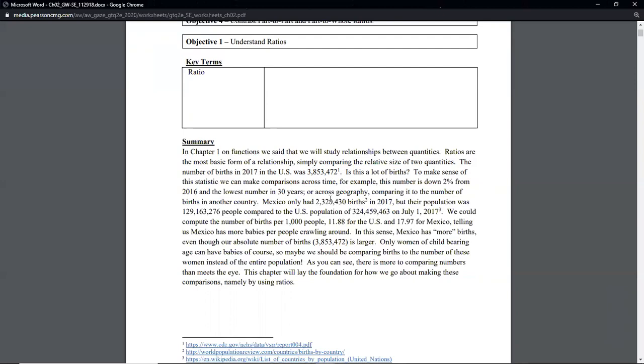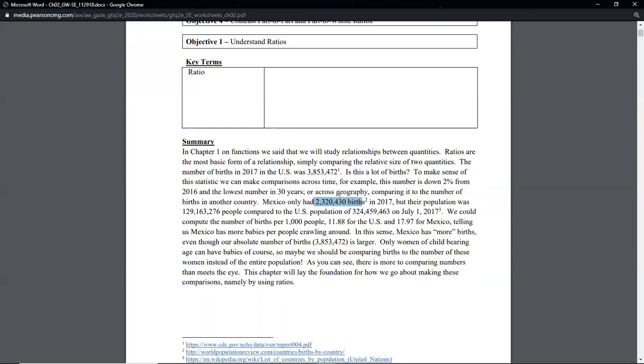So they go, okay, well, here's Mexico. They got 2.3 million. So 3.8 versus 2.3, well, oh, okay, the US has a lot of births, it sounds like, because the US has got 3.8 million and Mexico's got 2.3. That's another 1.5, roughly, million births.